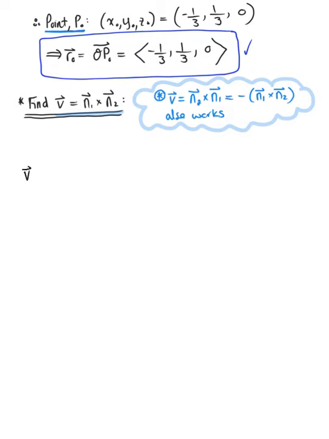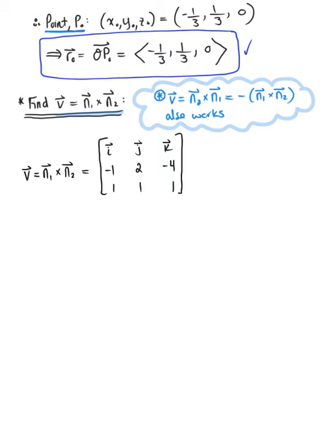We are going to let vector v be defined as the cross product of vector n sub 1 with n sub 2. Putting this into our 3 by 3 determinant, we have the row of unit vectors i hat, j hat, k hat. Our second row is -1, 2, -4, and our third row is 1, 1, 1.